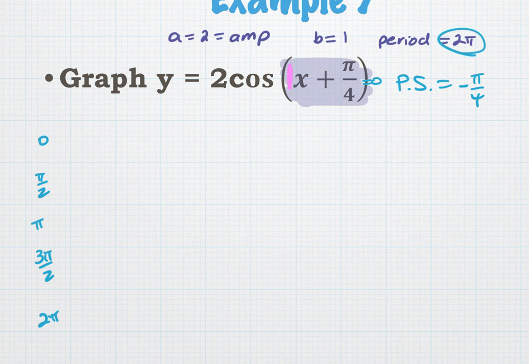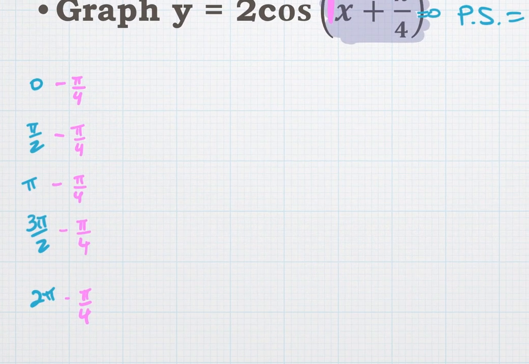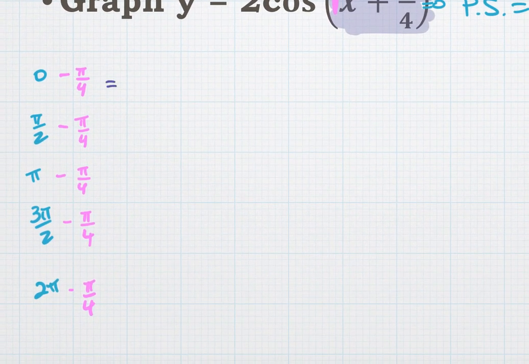Now I want to subtract pi over 4 from each of these points. So from my key points, I subtract because the phase shift is negative. And again, we have to give a like denominator. The first one is negative pi over 4. The first one should always be your phase shift.